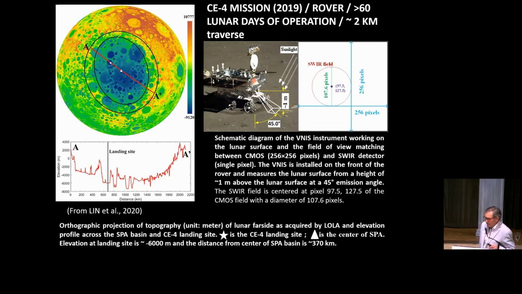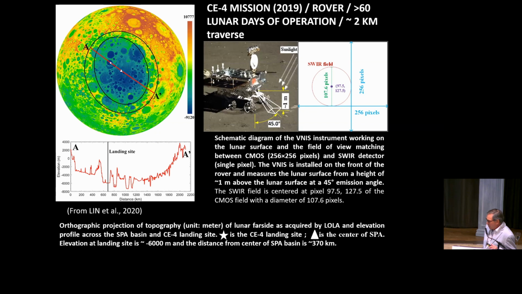The Chang'e-4 mission landed in South Pole-Aitken in January 2019. On the left, you can see the white star, which shows the landing site, about 370 kilometers away from the very center of South Pole-Aitken. And it's in one of the lowest parts of South Pole-Aitken, as you see with the topographic profile below.